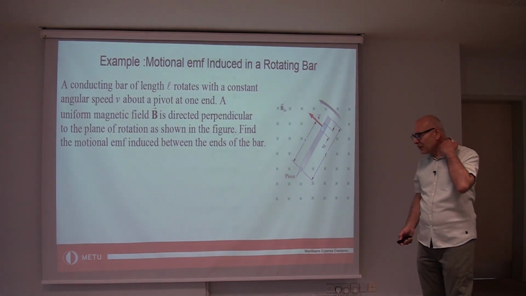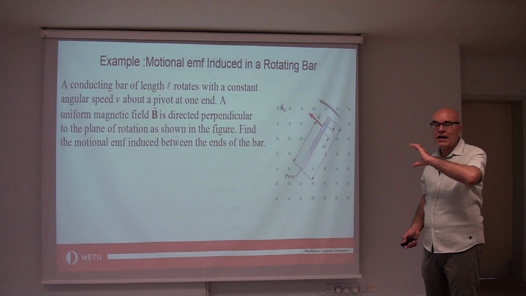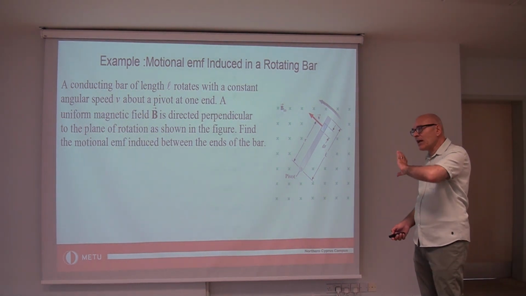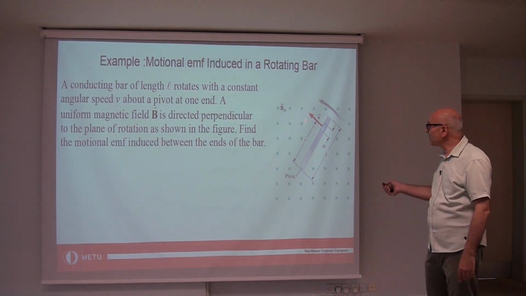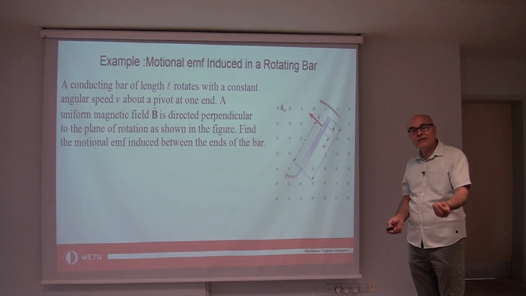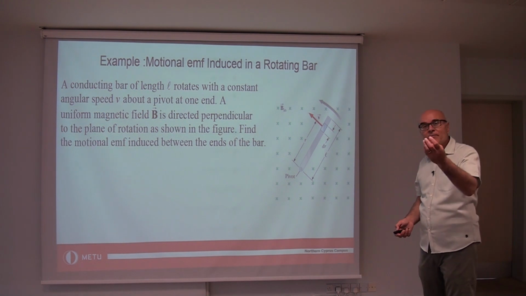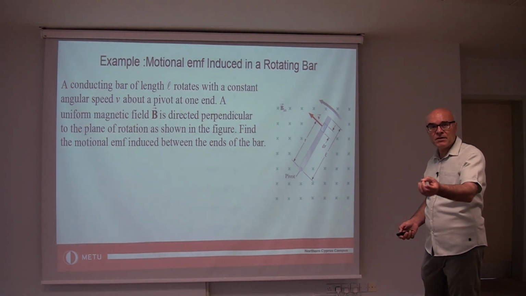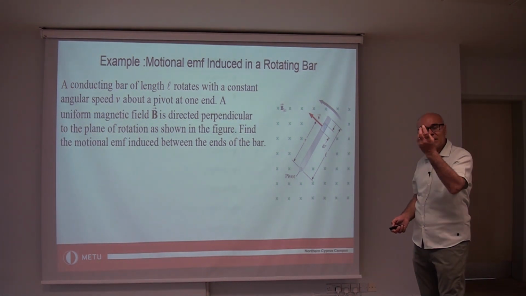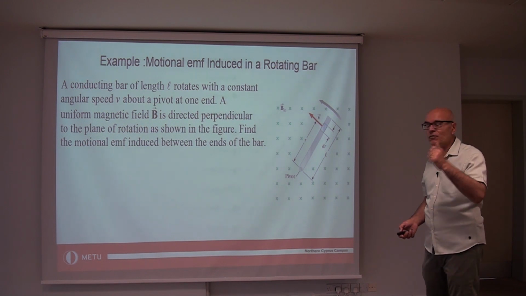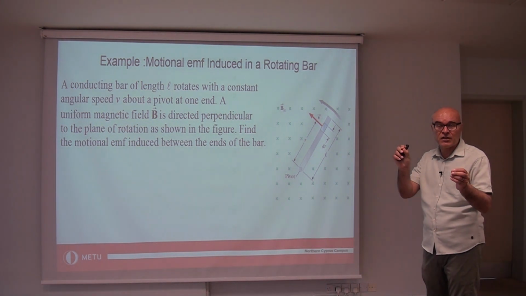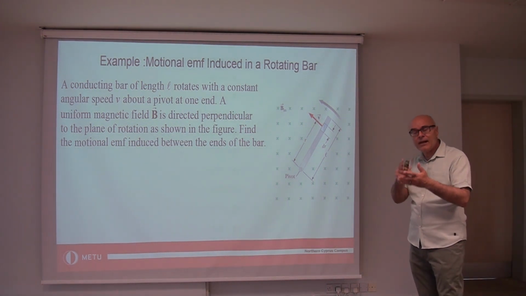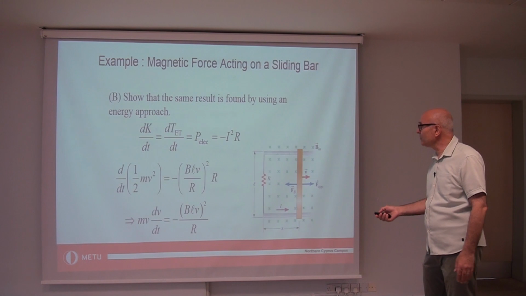Now, recall that we had a general result: if we have a rod moving in a uniform magnetic field, perpendicular to the magnetic field, the motional potential difference generated was BLv.